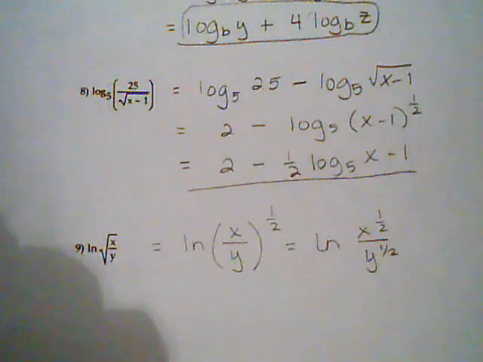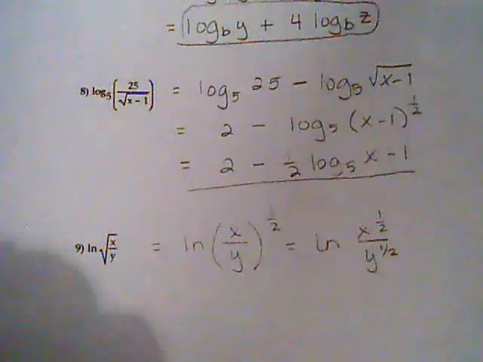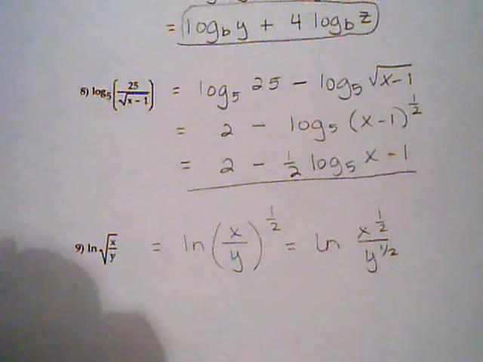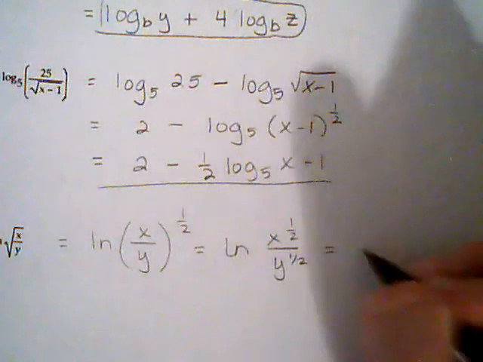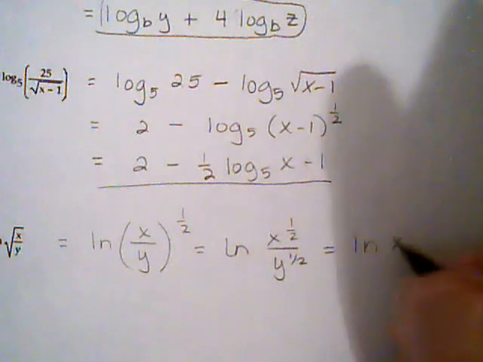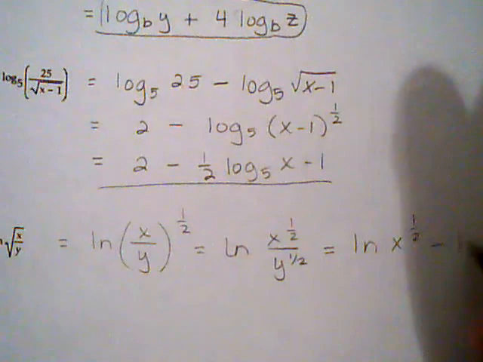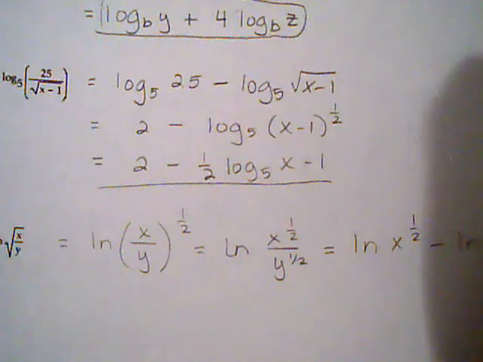So now I can rewrite using the quotient rule. Since this is a quotient, I would rewrite it as a difference. So it would be the natural log of x to the 1/2 minus the natural log of y to the 1/2.